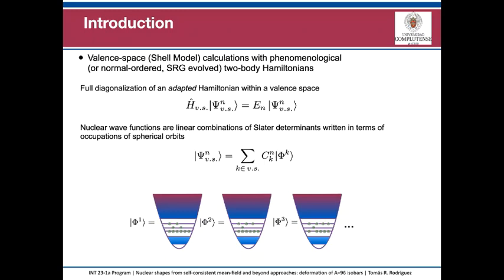Then you use this Hamiltonian for the rest of the valence space nuclei. But the fit is done for the region you're interested in, right? Yes, exactly. You have different interactions for the different regions.